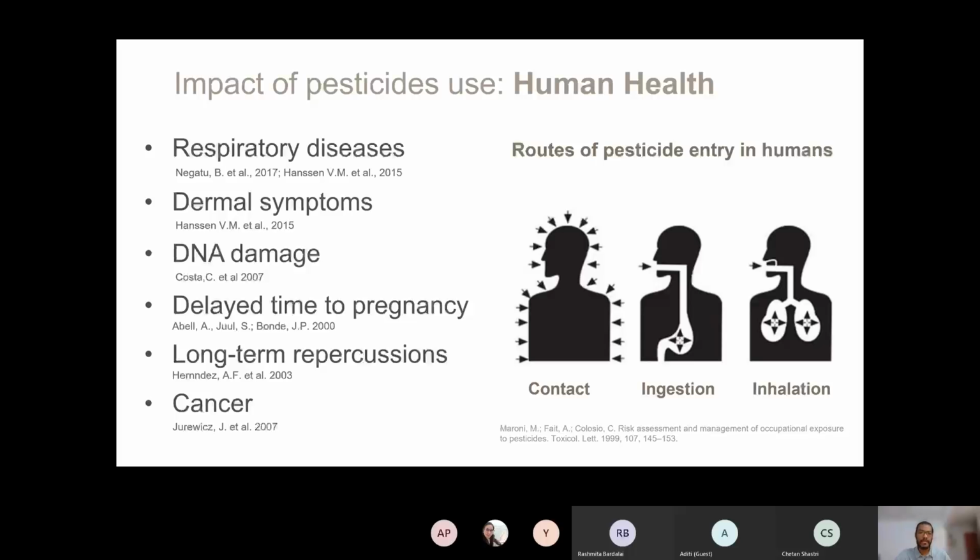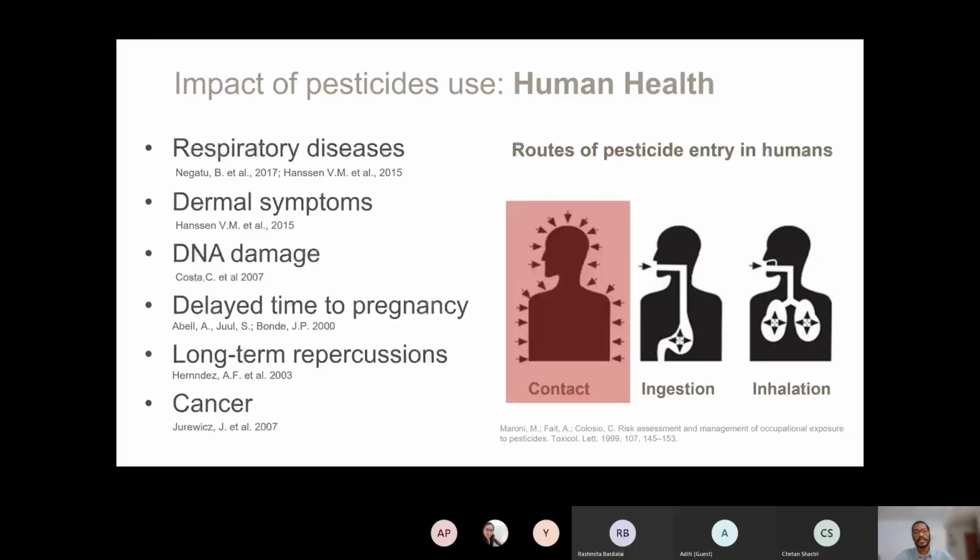there are three possible entries for the contaminants into the human body. The first is when human beings come in physical contact with the pesticide, so the entry of the pesticide is through the human skin. The second is entry into the body through food, that is ingestion, and the third is through breathing or inhalation.